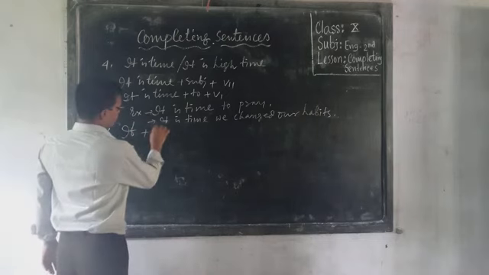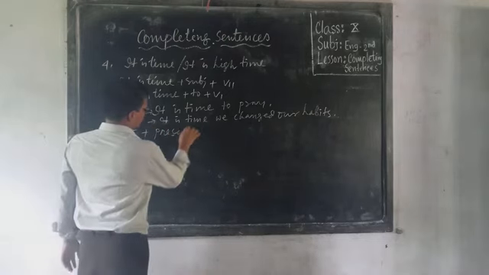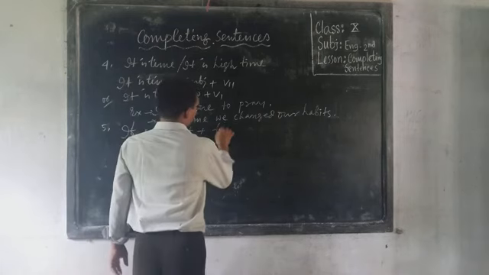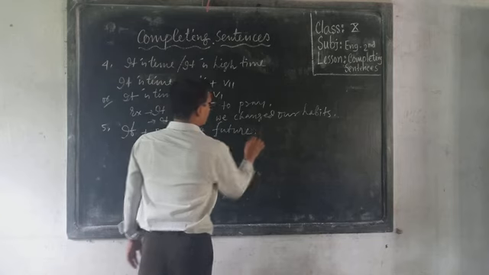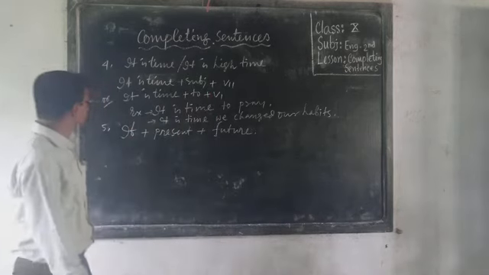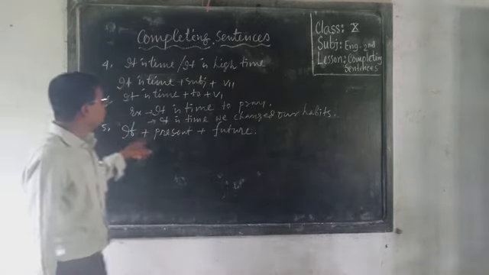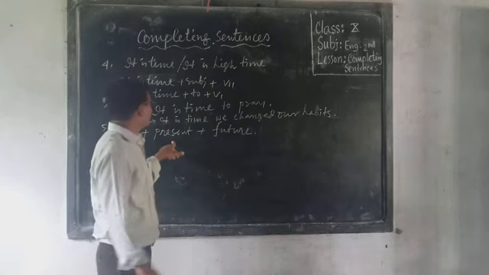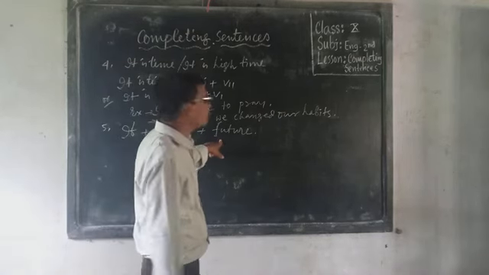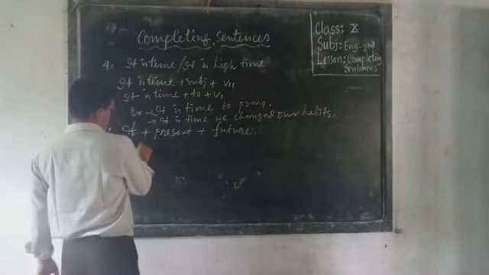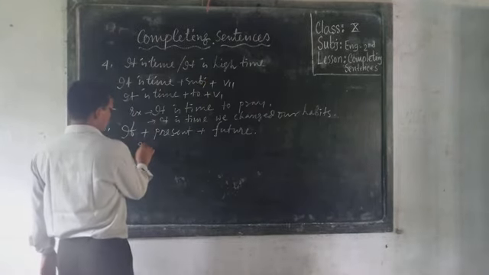If plus present plus future. So according to the structure, when the if clause will be in present indefinite tense, the next clause will be in future indefinite tense. So let's see the example of it.